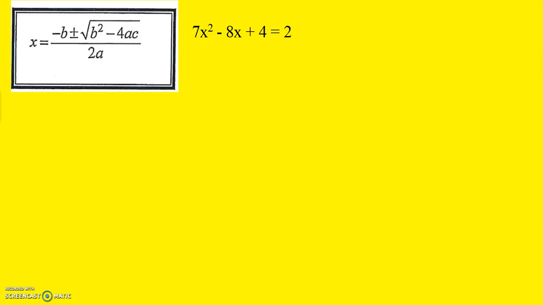This last example, you have 7x squared minus 8x plus 4 equals 2. So we start by subtracting 2 from both sides. You're going to get 7x squared minus 8x plus 2 equals 0. We're subtracting 2 because the equation needs to be equal to 0.